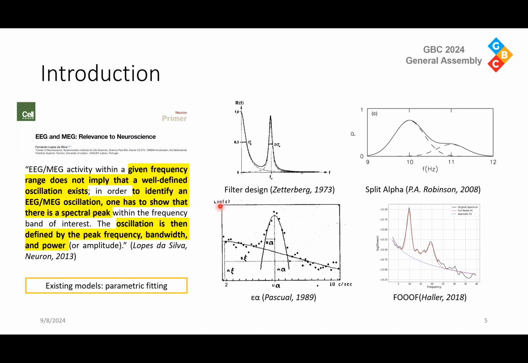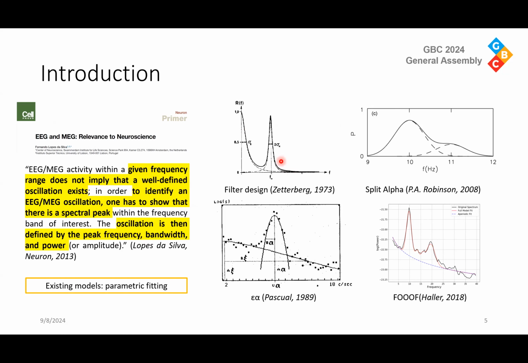And how do we really study the neural oscillations? In 2013, Lopes da Silva published a paper in Neuron saying that if a well-defined oscillation exists, we have to identify and show that there is a spectral peak, and its peak frequency, bandwidth, and power. Over the decades, there have been multiple attempts to address this issue.